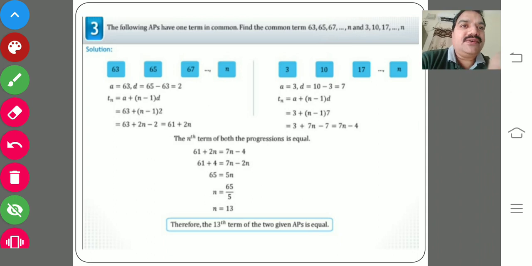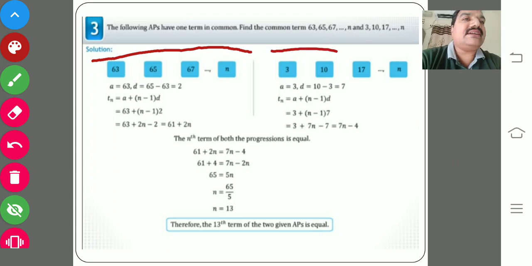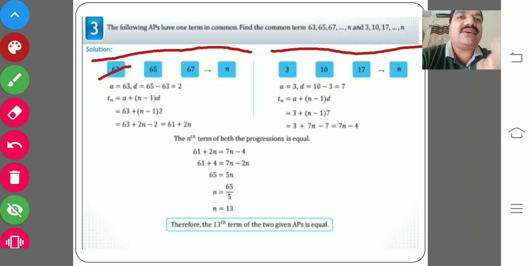In the first case, A equals 63 and D you take as 65 minus 63, or 67 minus 65, because I told you before, D equals T2 minus T1 or T3 minus T2.